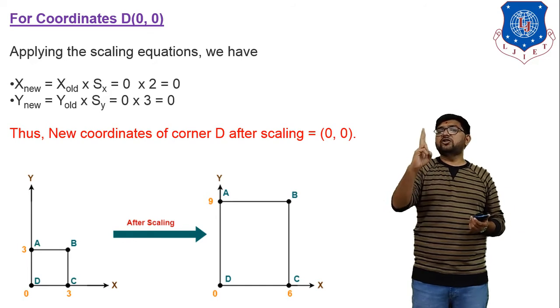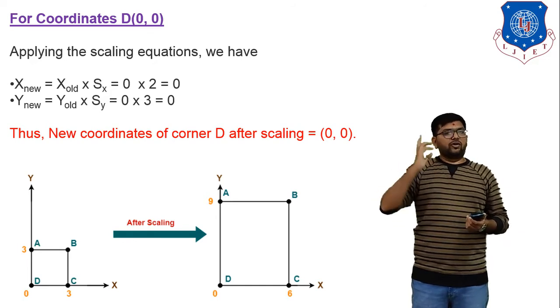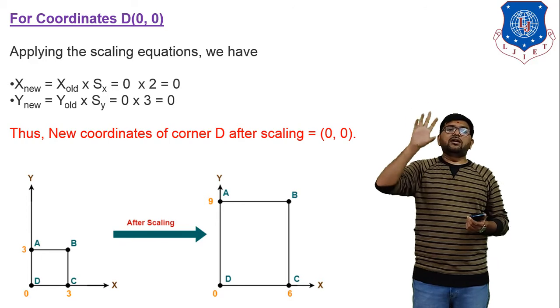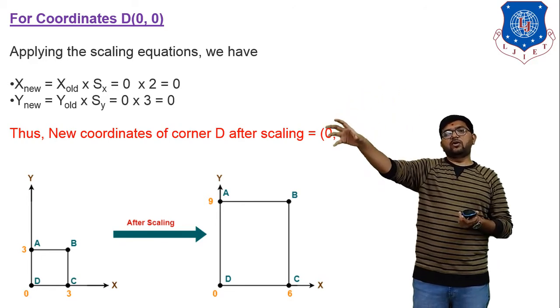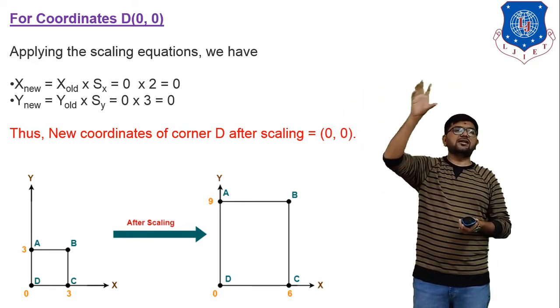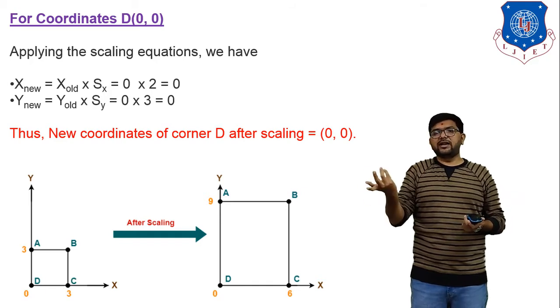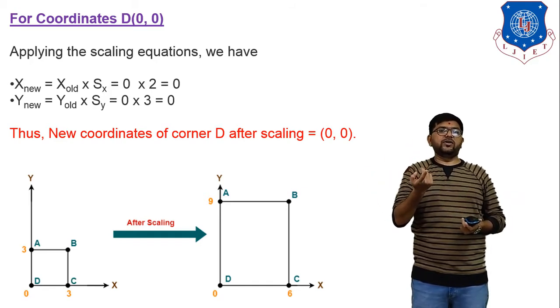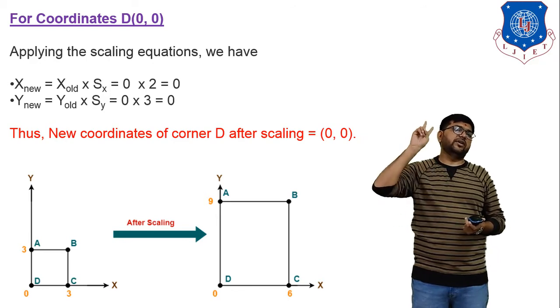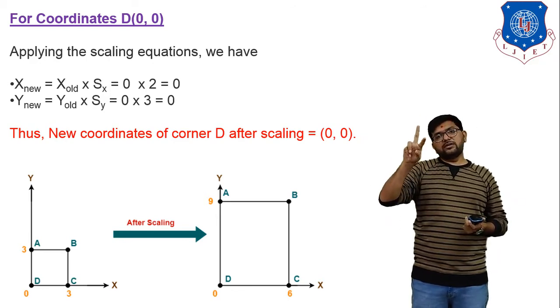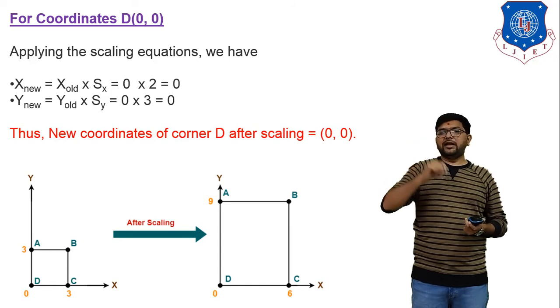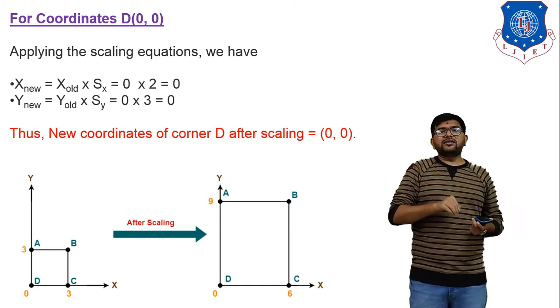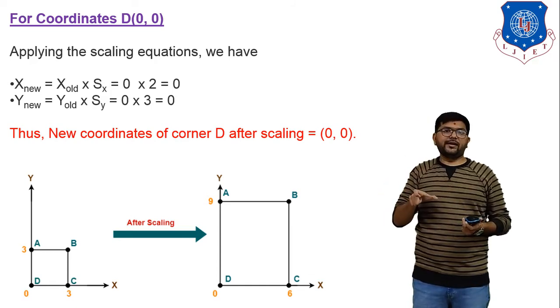What is rotational geometric transformation? In rotational geometric transformation, we give a rotation in the clockwise direction as well as in the anti-clockwise direction. Also we derived the equations for rotational geometric transformation. In rotational geometric transformation we have 2 equations, one for clockwise rotation and one for anti-clockwise rotation. And in today's session we discussed scaling geometric transformation.